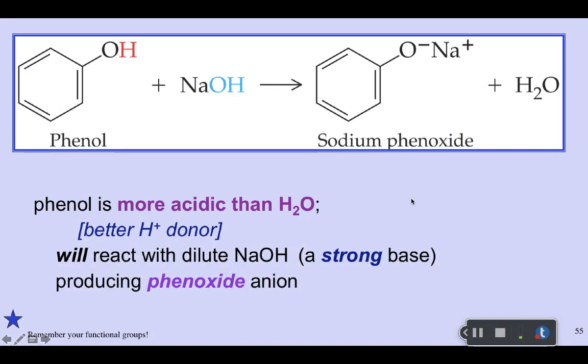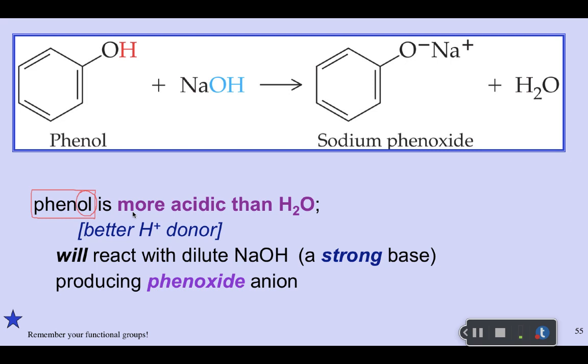However, there is one notable compound in this chapter, and that is phenol. Phenol is the benzene ring with an OH group on it. The OH on there reminds you that it's like an alcohol in that respect. It is definitely more acidic than water, and that means that it's a better proton donor.